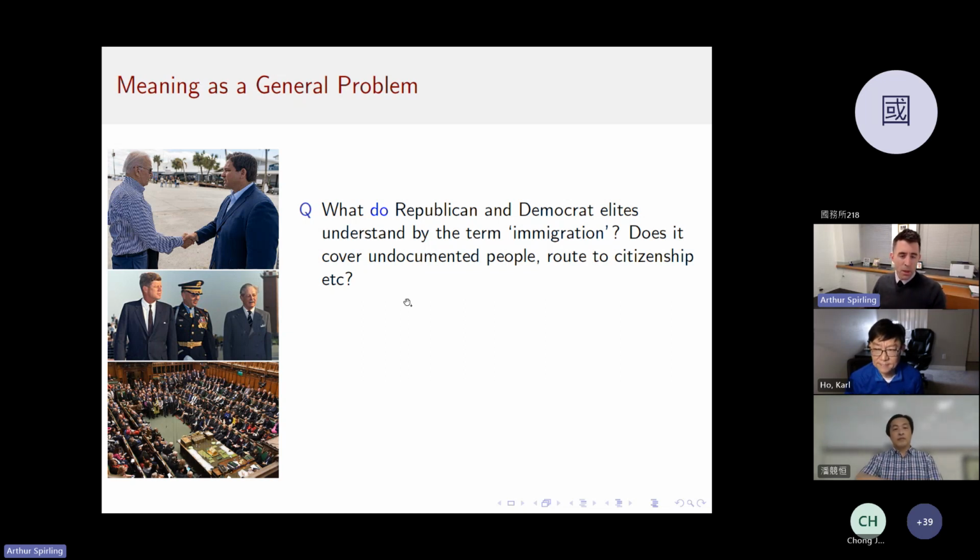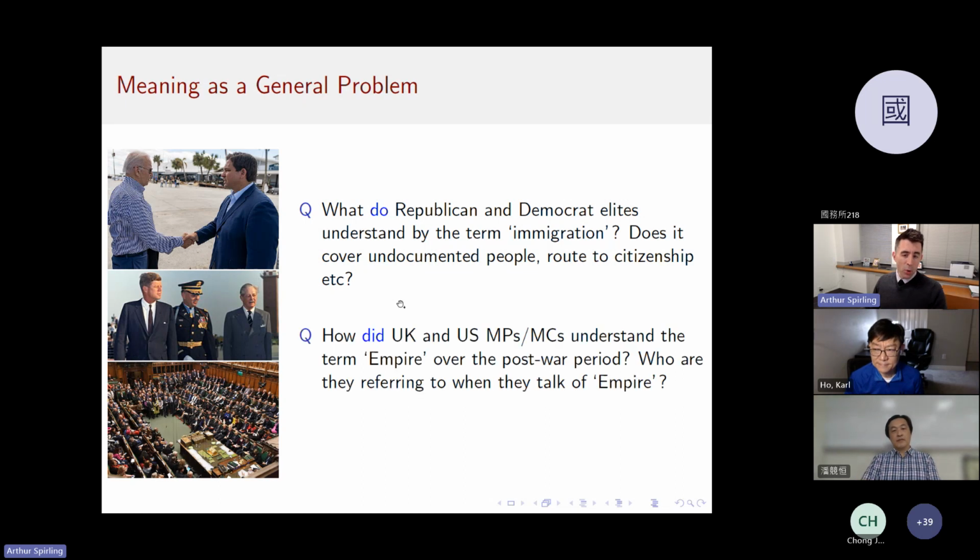Obviously it's a hot issue in the United States, and we can imagine people have different understandings of that term. In the middle here, we have an older period in US politics. In particular, this is the very early 1960s, where we see President Kennedy meeting Prime Minister Macmillan. What's going to turn out to be interesting is perhaps how two different types of legislators, that is to say legislators in the United States versus legislators in the UK, are both using English, and maybe we can do a comparison.